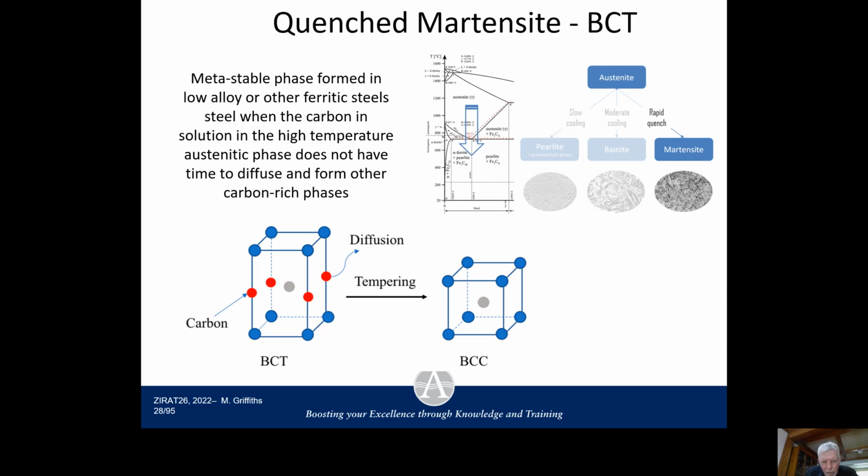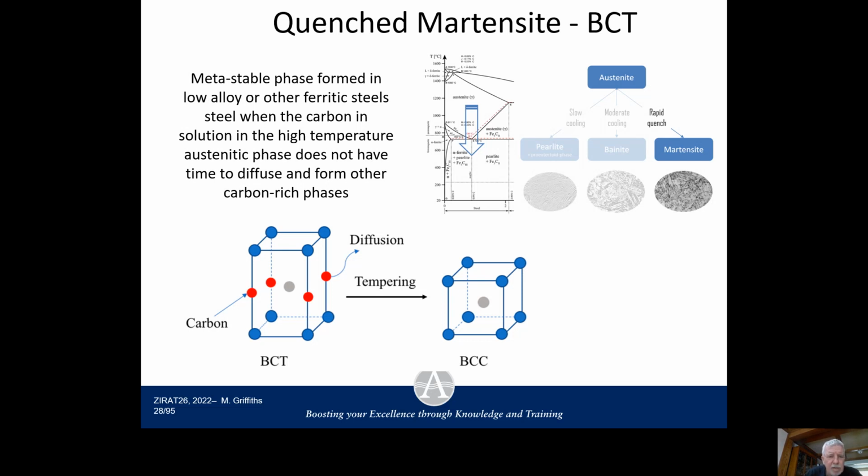However, if you form BCC from an epsilon phase or HCP, it would still be called martensite because you created it by a displacive transformation. So the difference between a martensite transformation and any other, I should have mentioned that clearly at the beginning, is it's a diffusionless transformation.